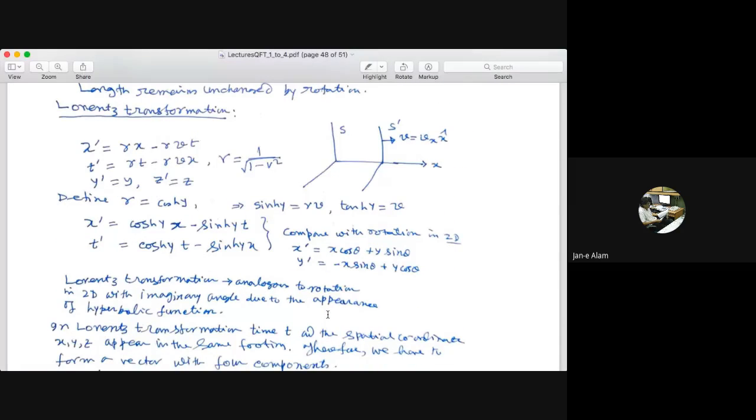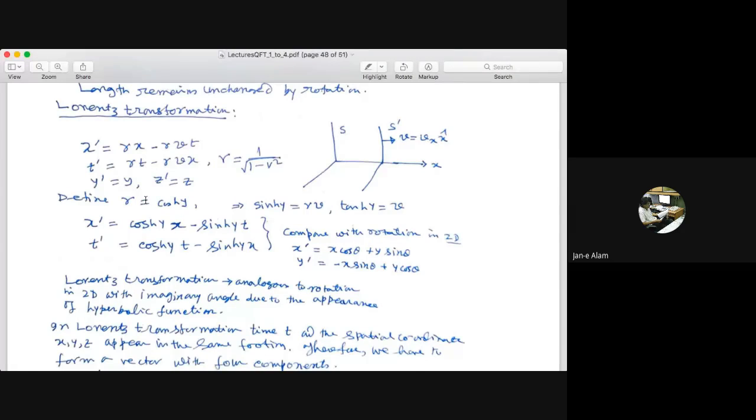Now let us go to the Lorentz transformation. Suppose I have 2 frames S and S prime, and the frame S prime is moving with velocity v along the x direction. Then x prime and x are connected by these 2 transformations, and for the y and z coordinates there will be no change because the motion is along the x direction. Sometimes people write the Lorentz factor gamma as cosh y.